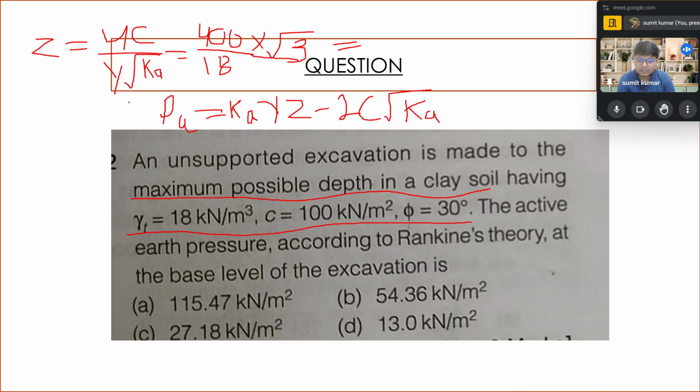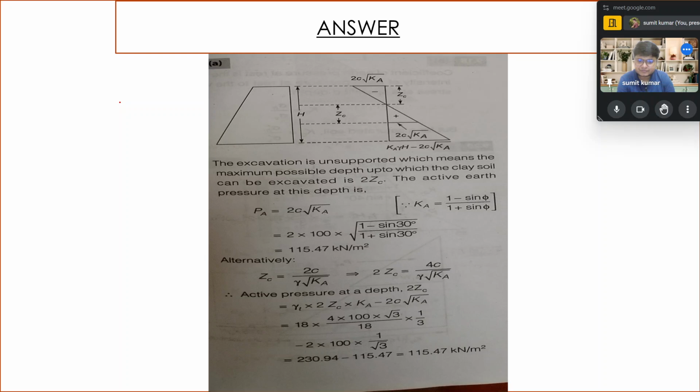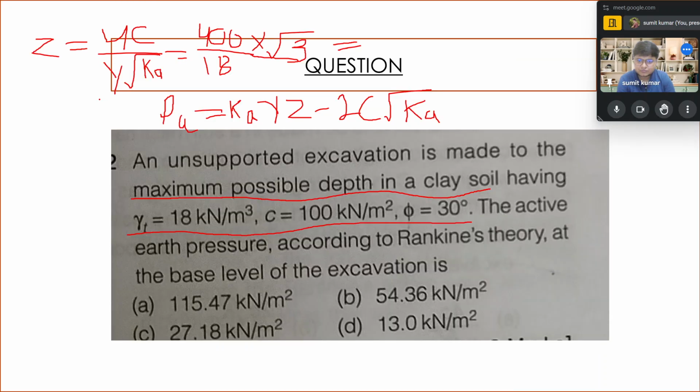Okay, we can calculate in another way as well. See, as we know, the value of Z is going to be 38.49.